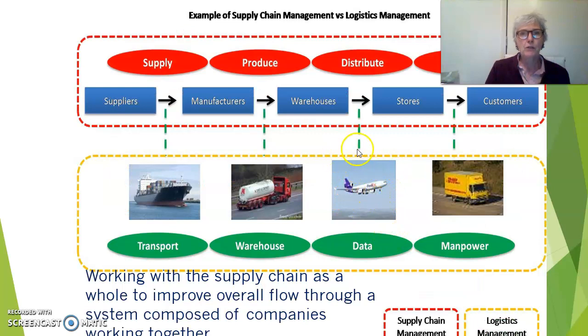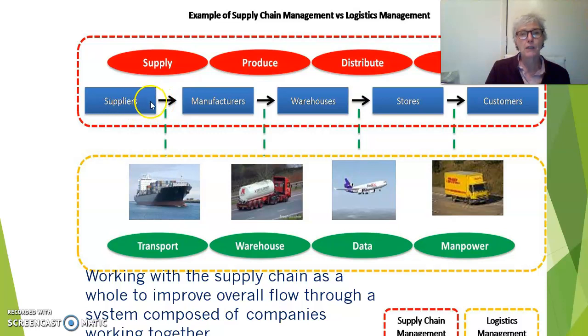So we've got two different ways to analyze how products are going to be produced and end up as finished goods at the customers. Now on top we can see the supply chain. From the suppliers, the products move to the manufacturers, the warehouses, the stores, and the customers. The arrows in between show the transportation of these products.